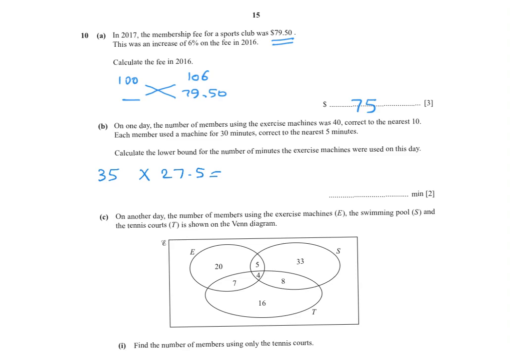Because if you have a product and you need to find a lower bound, you take a lower bound for the first times a lower bound for the second. Correct to the nearest 10, then 10 divided by 2. Correct to the nearest 5, then 5 divided by 2. Then subtract to find the lower, add to find the upper.